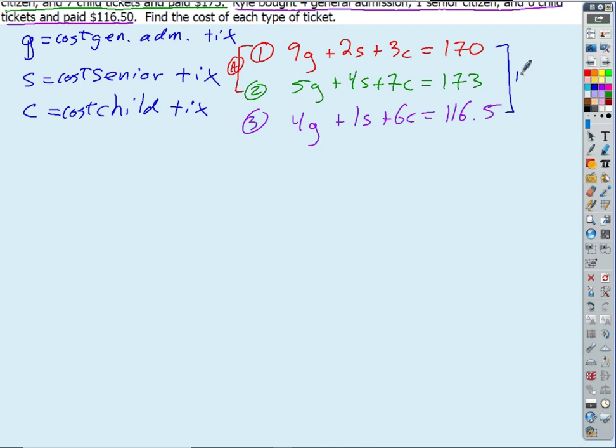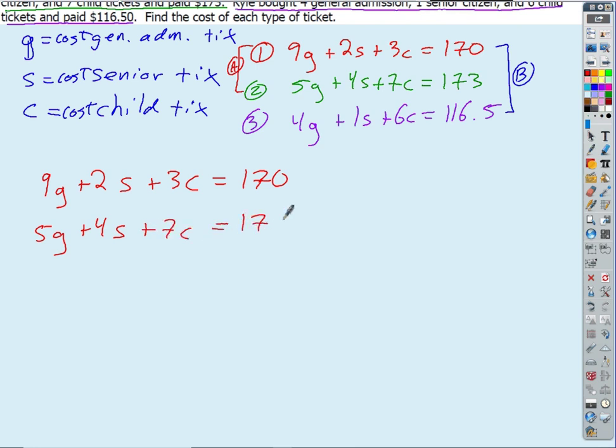That's group B. So if we do group A, then we've got 9G plus 2S plus 3C equals 170, and 5G plus 4S plus 7C equals 173. Okay? Just kind of split this down the middle.